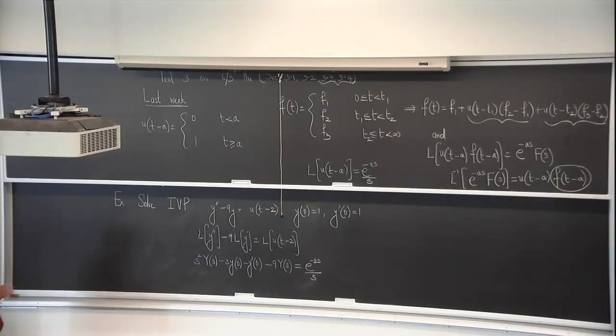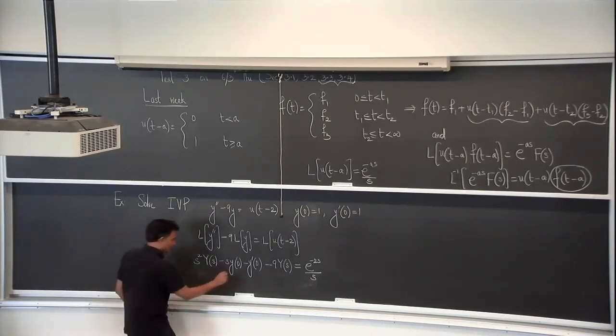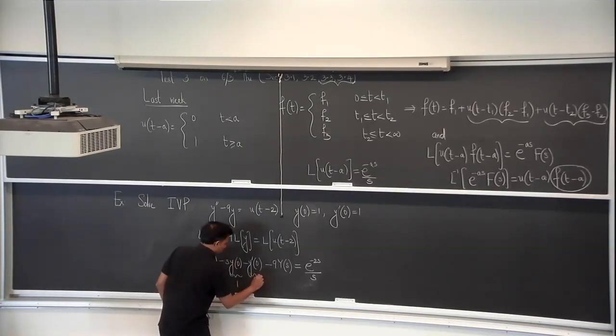Please don't always assume that the initial values are always 0. Here both are equal to 1. So this would be 1 here, and this would be 1 here.